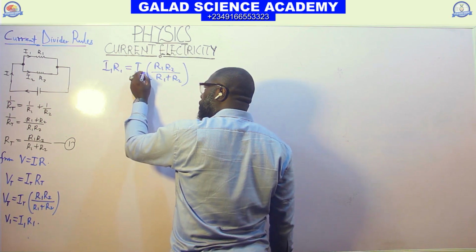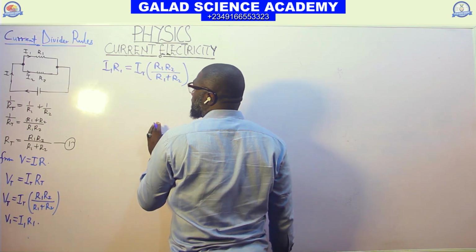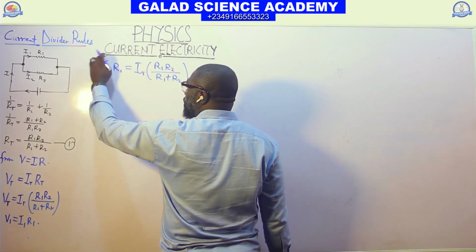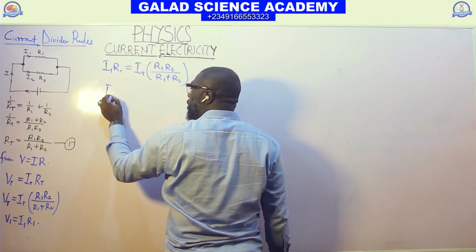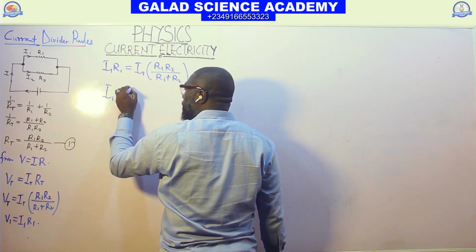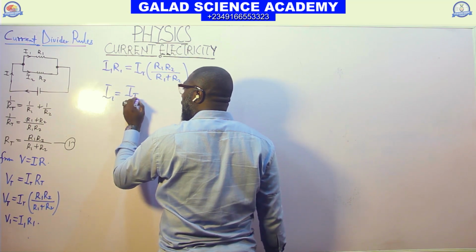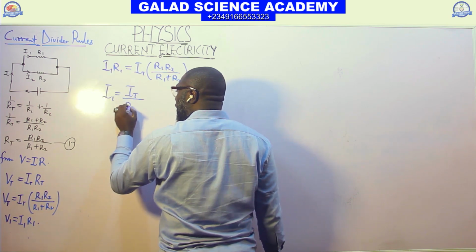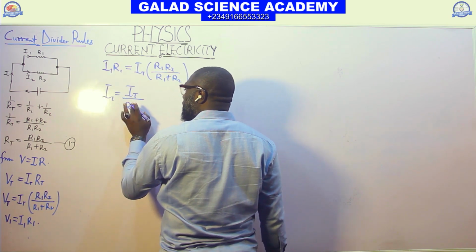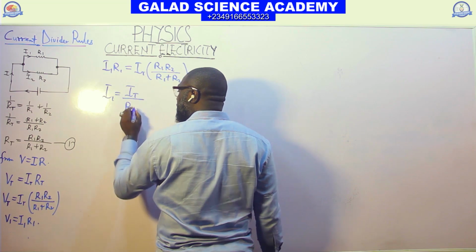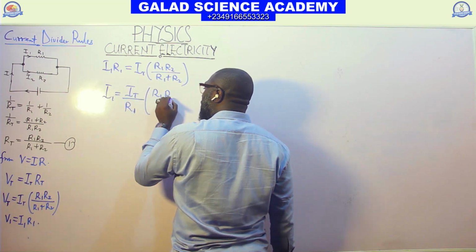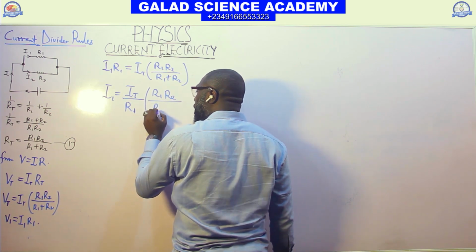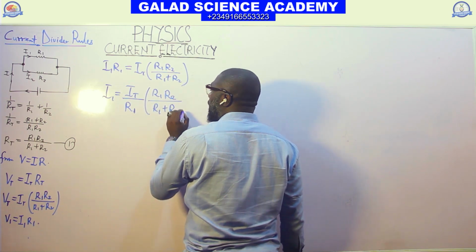So I1 is the total current over R1, I divide by R1, into bracket R1 R2 over R1 plus R2.